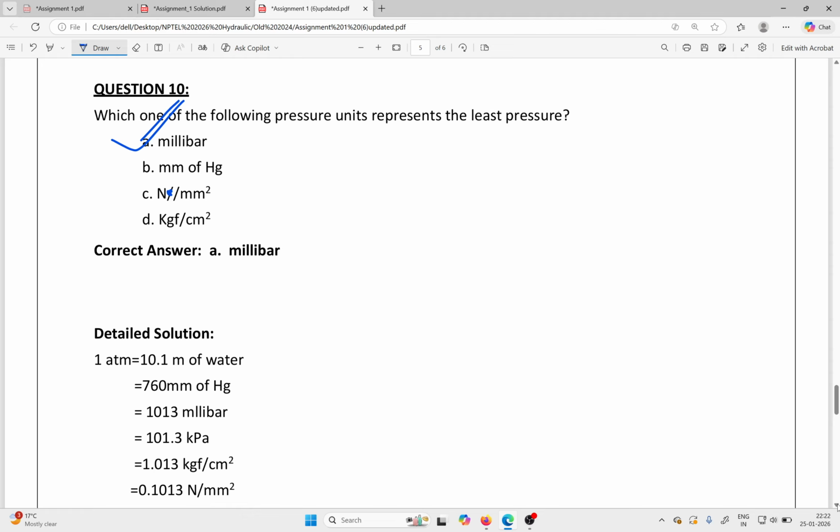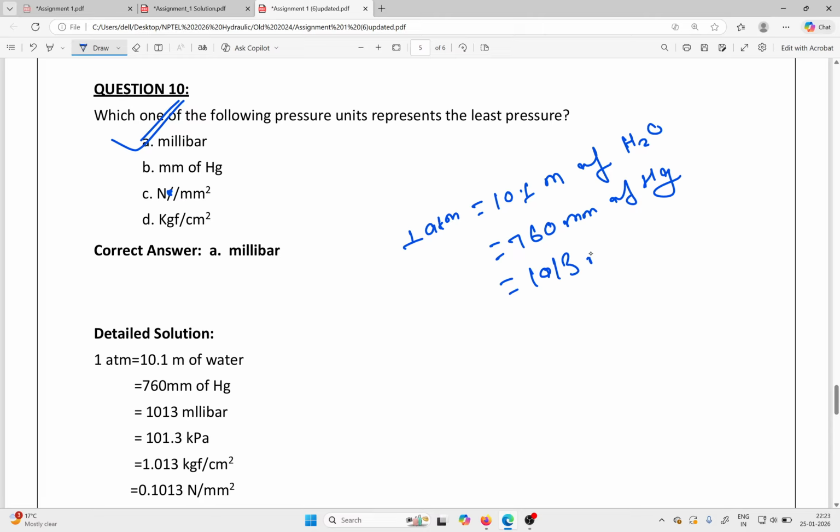Let us assume one atmospheric pressure. One atmospheric pressure is nothing but 10.1 meter of water, 760 mm of Hg, 1013 millibar.